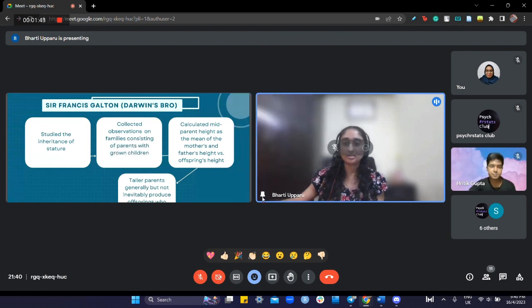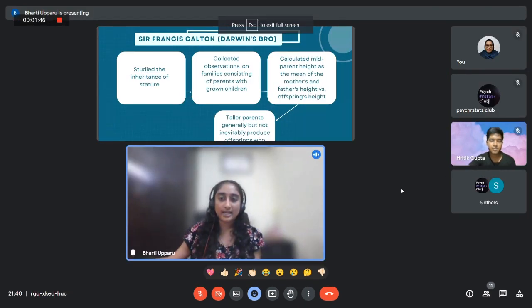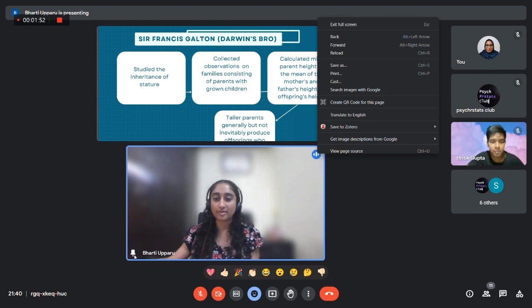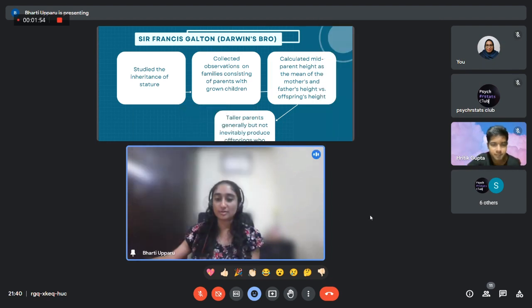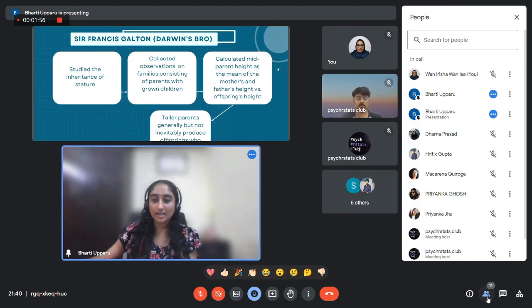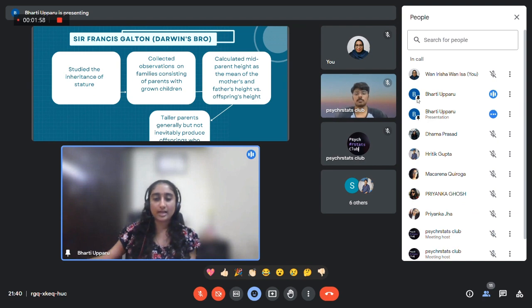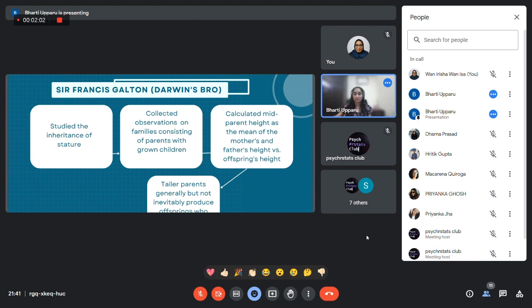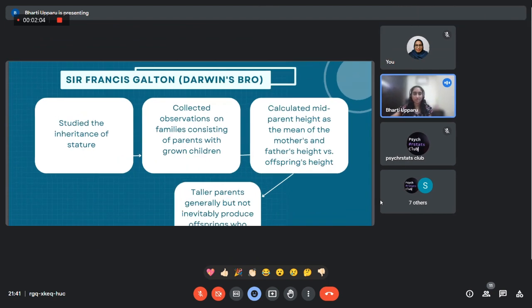He calculated the mid-parent height as the mean of mother's and father's height versus the offspring's height. He concluded that taller parents generally, but not inevitably, produced offspring who were relatively taller.